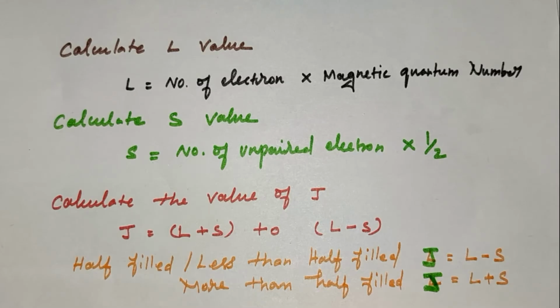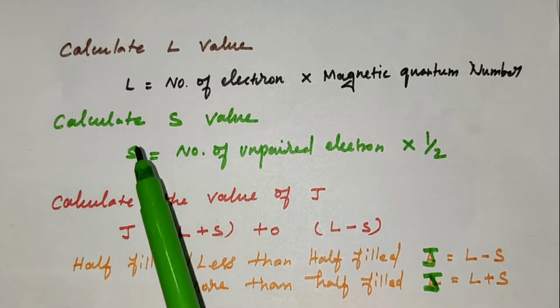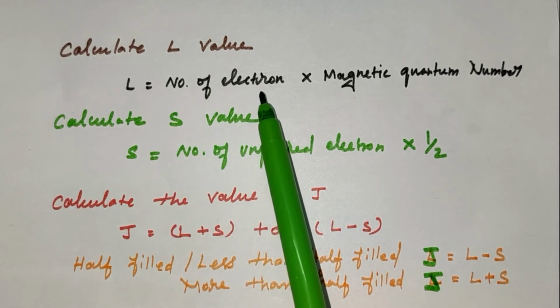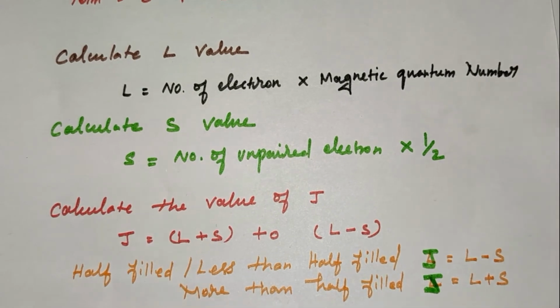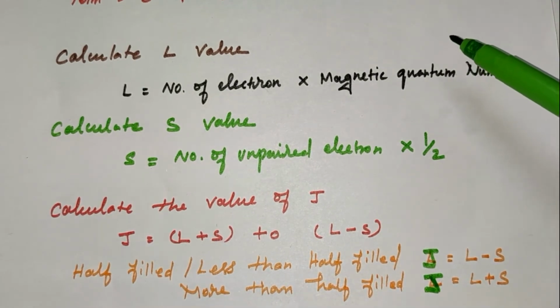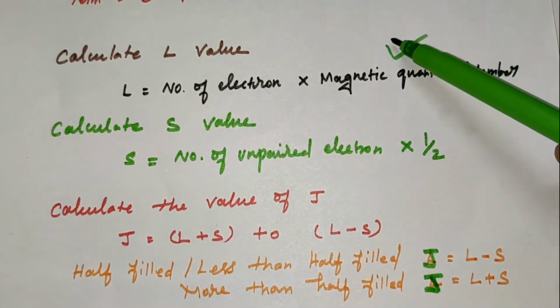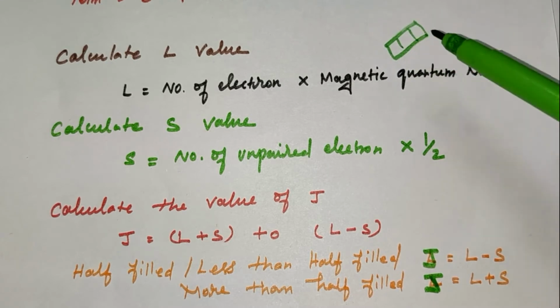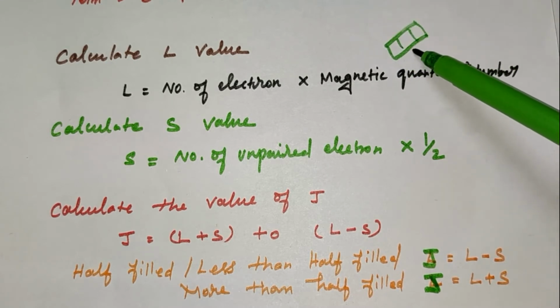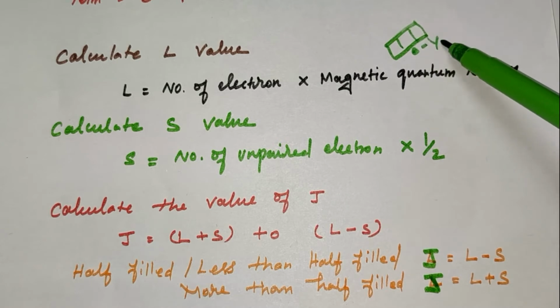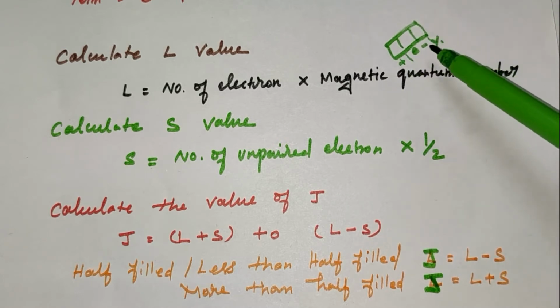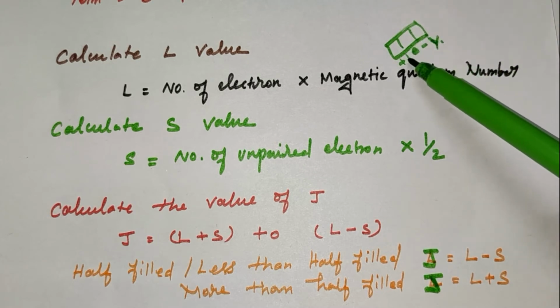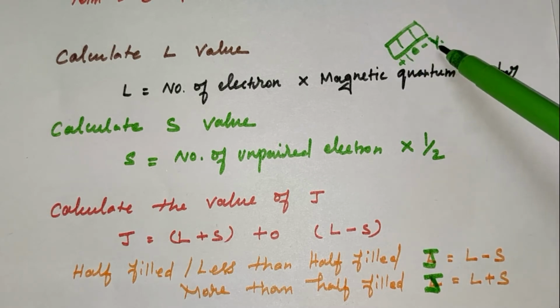Then how will you calculate the value of L? L is equal to the sum of the magnetic quantum numbers of the electrons. Magnetic quantum numbers, for example in the p orbital, are plus 1, 0, minus 1.